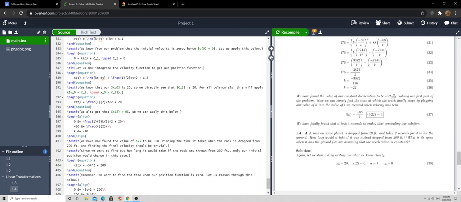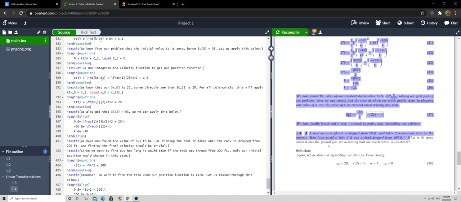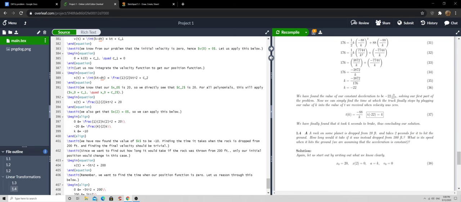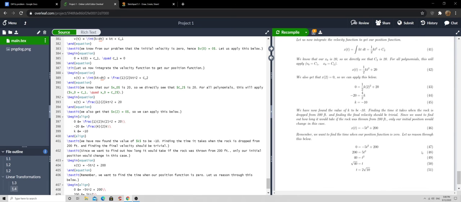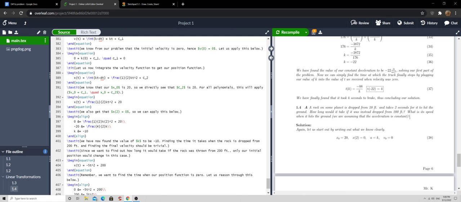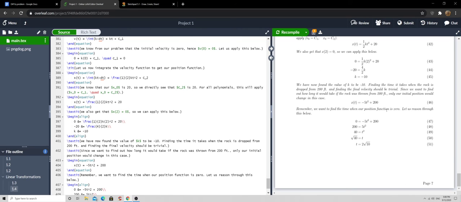So next part, what is its speed when it hits the ground? Okay, well that's pretty simple, right? So what is the velocity? Okay, so what is the velocity when time is equal to however long it takes normally? I think this just applies to the normal scenario, right?